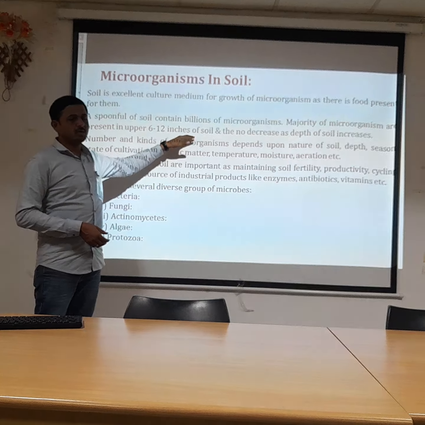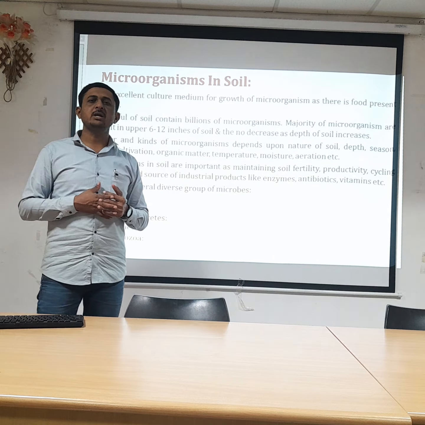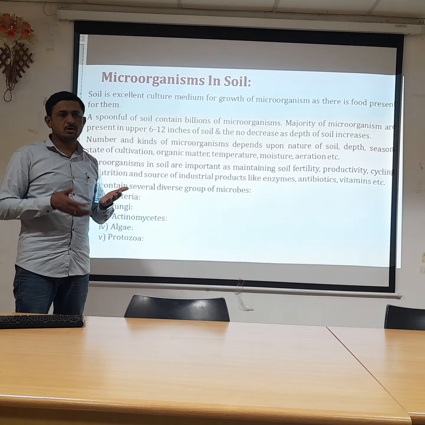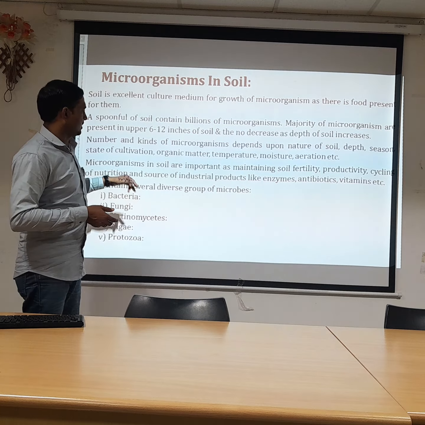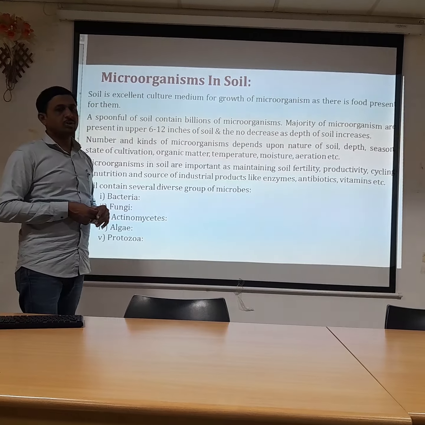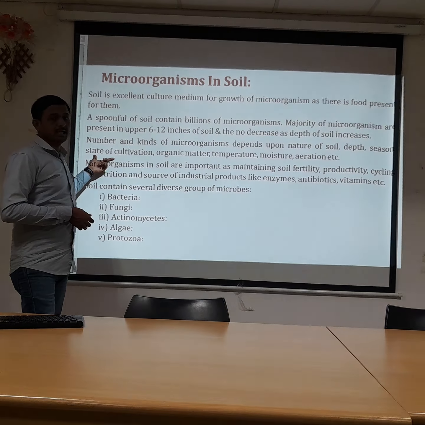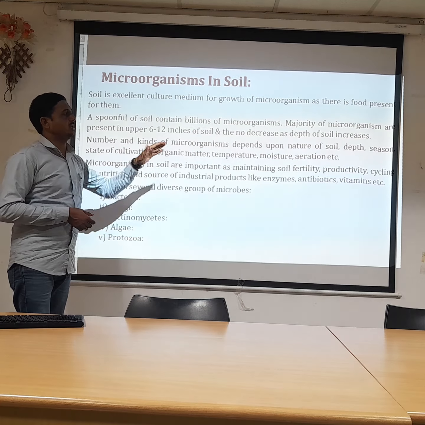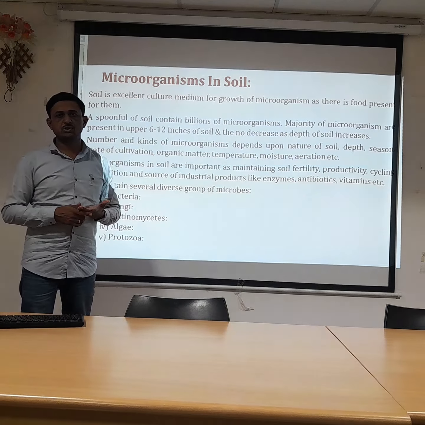That's why the microorganism count decreases in the downward direction, as the soil does not provide all the necessary supplements for the growth of microorganisms. The number and kind of microorganisms depend upon the nature of soil, depth of soil, season and state of cultivation, organic matter, temperature, moisture, and aeration. All these aspects we have already discussed in the composition of soil.